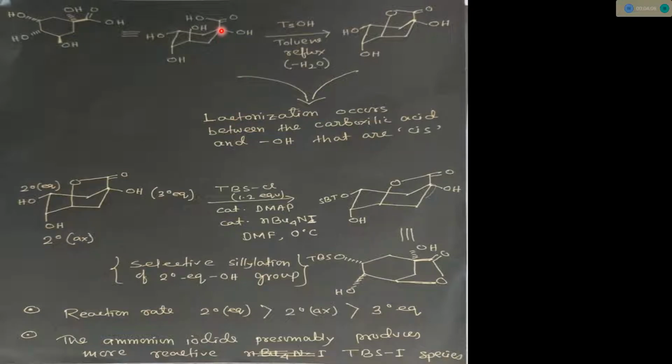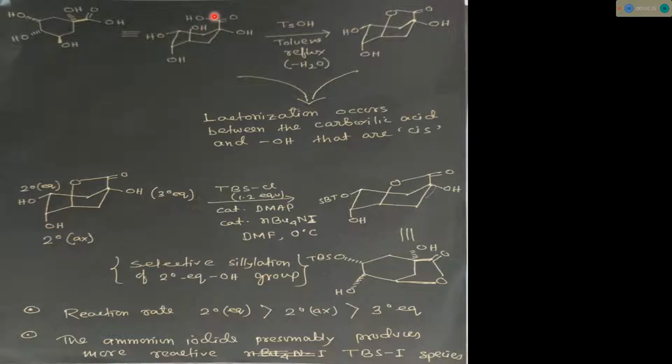Obviously this OH will not take part, because this OH is attached to the same carbon where the carboxylic acid group is attached. But see this axial OH at 4 position and at 5 position, they are not in cis position along with this carboxylic acid group. These OH groups are also far away from this carboxylic acid.